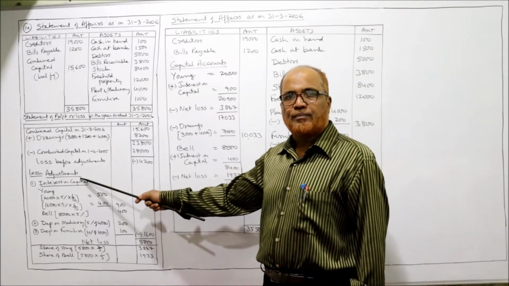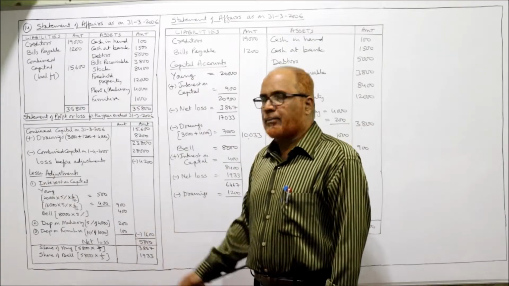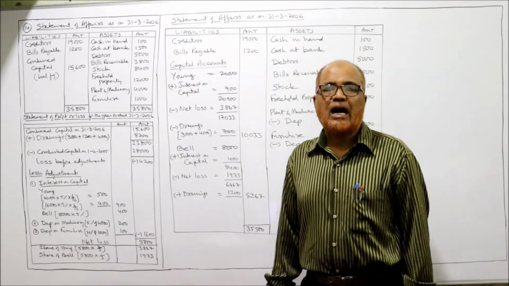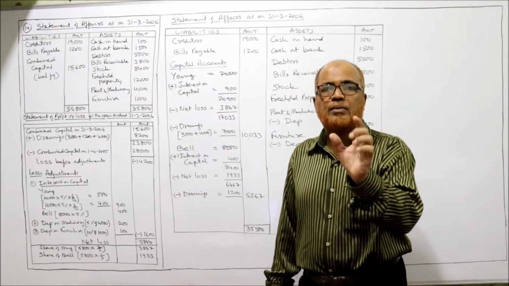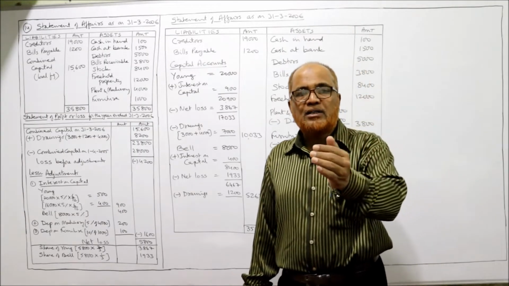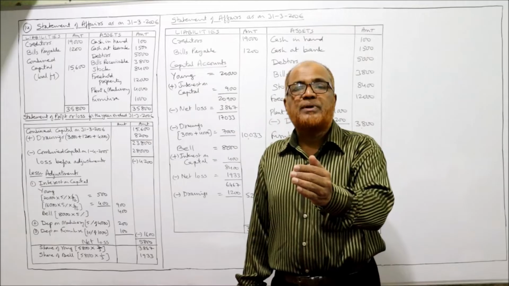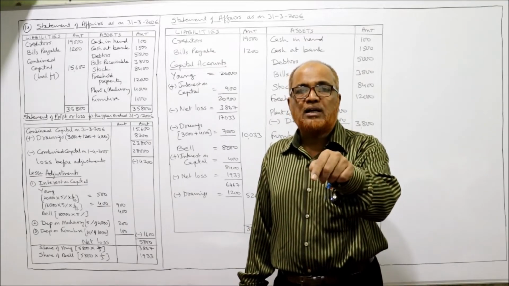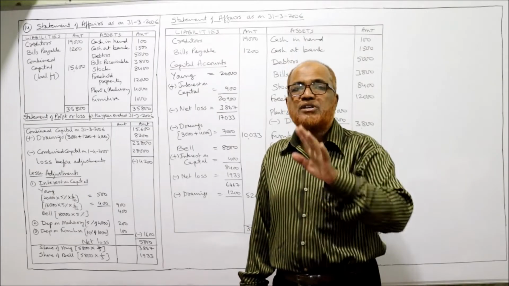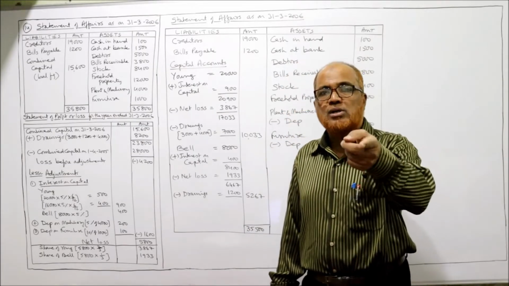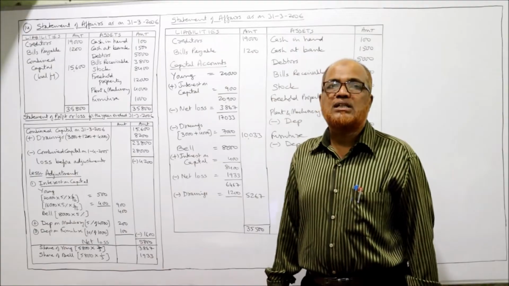Now adjustment. Deduct interest on capital. Just now I told you, Young, at the beginning of the year was having 20,000 rupees capital. But this 20,000 was up to 30th September, because on 30th September he has withdrawn 4,000 rupees from his capital. So 20,000 minus 4,000, 16,000.